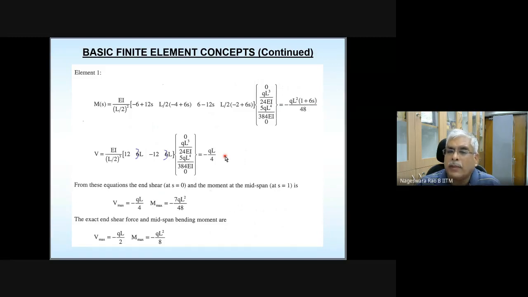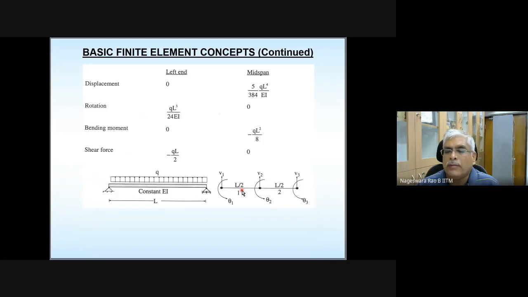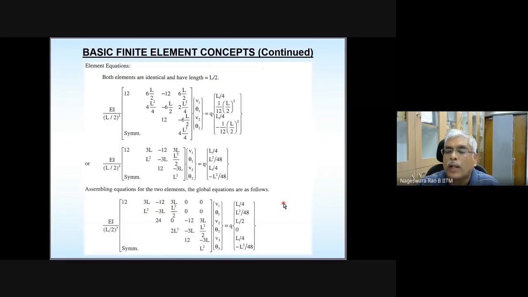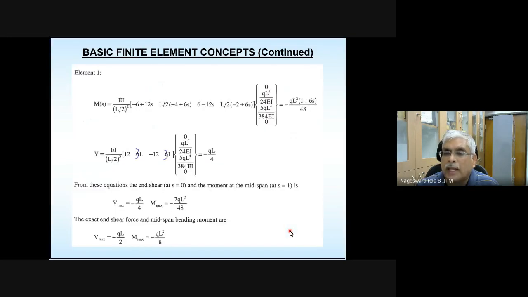And please note, when we adopted two elements for this problem, whatever nodal values we got, there is no issue with this. The nodal values you get by solving this equation system are going to match the exact values. But when you try to interpolate, then the problem arises.